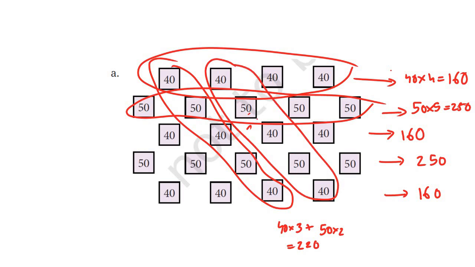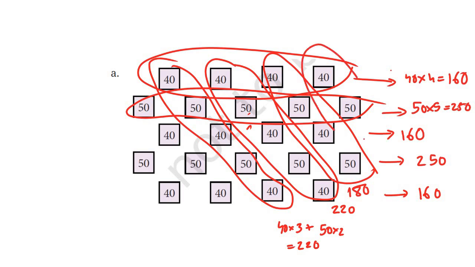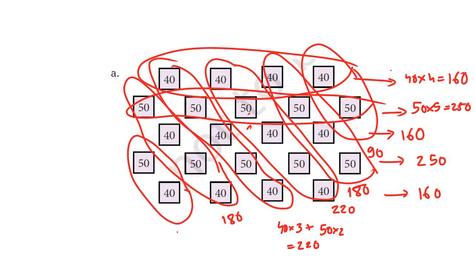This is again 40 into 3 plus 50 into 2, again 220. Next, this one. So 40 into 2 plus 50 into 2, that is 180. And this one is 40 plus 50. How much is this? This is basically 90.